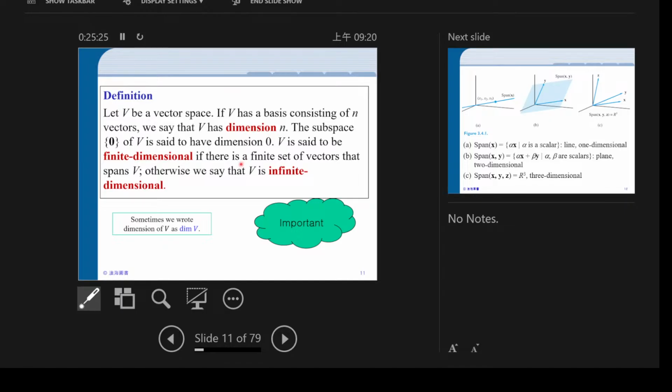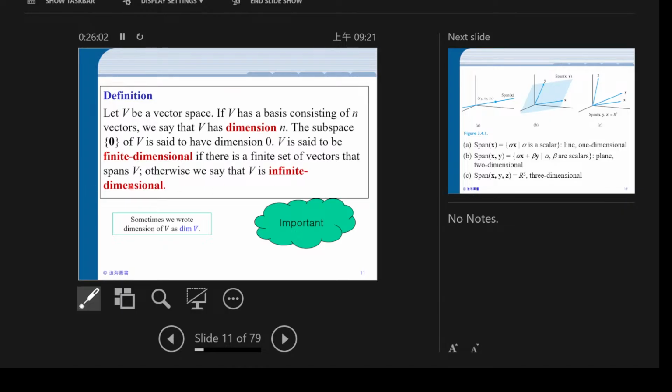Okay. But yeah, if your vector space can find a basis, and if your basis has n vectors, then it has dimension n. Okay? And that's when your basis has a finite number of elements, and sometimes that's called finite dimensional, if you have a finite set of vectors that spans V. Otherwise, sometimes your vector space is infinite dimensional, but we don't deal with that too much.